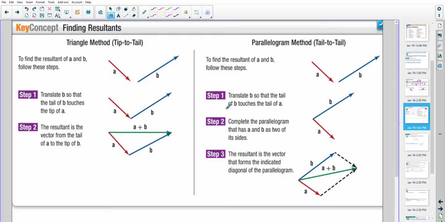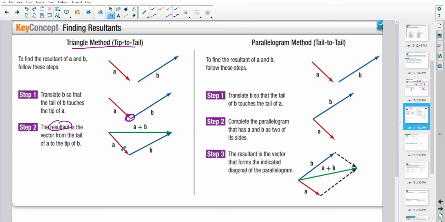Now you can also draw vectors. I'm going to focus on the triangular method of drawing vectors. What you really need to remember is that you're talking about tip to tail. So that is the head and the tail together, and that's how you're going to want to draw them. When you add them, you get the resultant. That's a key word, resultant.